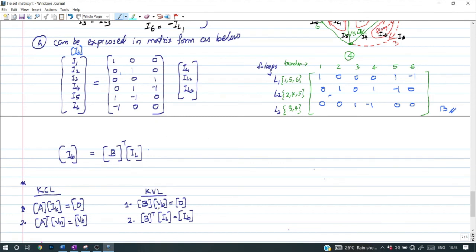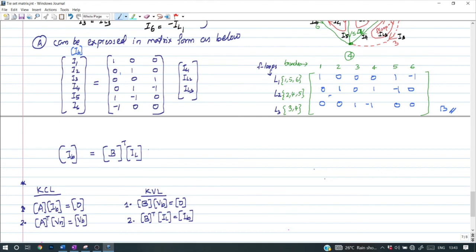Similarly, in the tie-set matrix, by applying KVL, we got this relation: B matrix into branch voltage matrix is null matrix. And the relationship between loop current and branch current matrix can be related like this: B transpose into loop current gives branch current matrix.